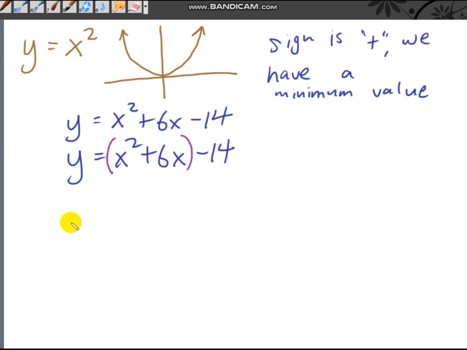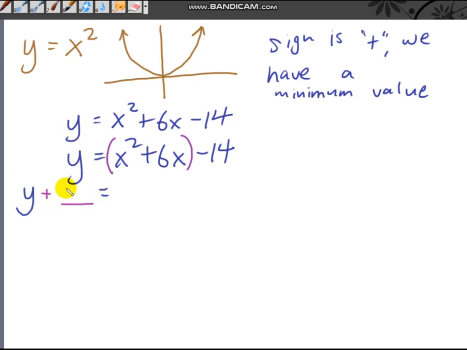Now, in order to start this process called completing the square, we need to balance out the left-hand side and the right-hand side. So whatever we need to do on the left-hand side, we also need to do on the right-hand side. Okay, so what we have is we are going to add blanks, and basically this is how we're going to complete the square.